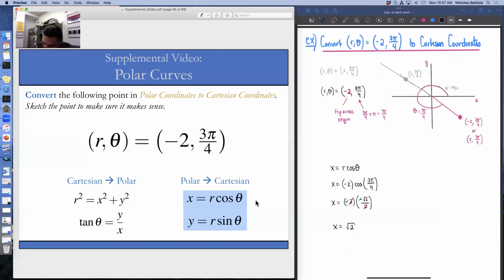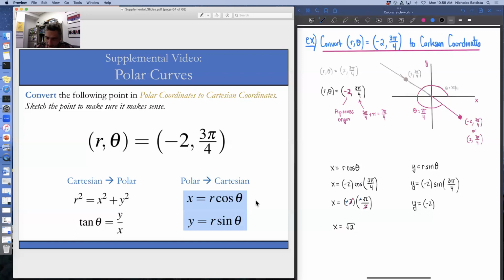All right, let's do the same thing for the y value. We have y is equal to r sine of theta, plugging in r, which is -2, and the theta that we're given, which is 3 pi over 4. We see that y is equal to -2 times, and 3 pi over 4 again is related to the angle pi over 4.